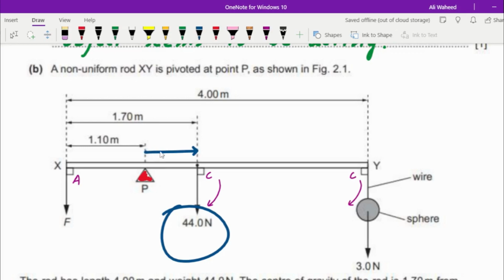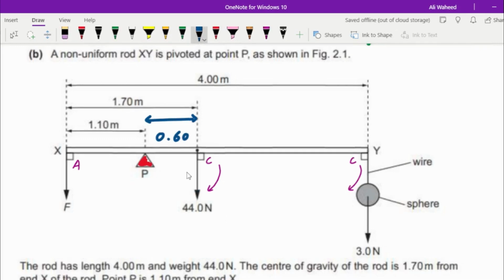It's not given directly, you can sort it out, and this distance would be 0.60 because we need to find the perpendicular distance between the line of force and the axis of rotation, or the line of pivot. So this distance is 0.60 meters. So 44 times 0.60.